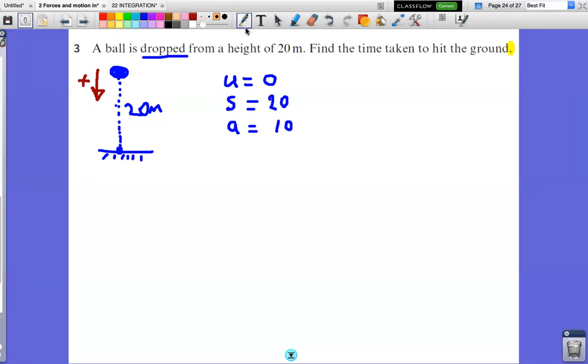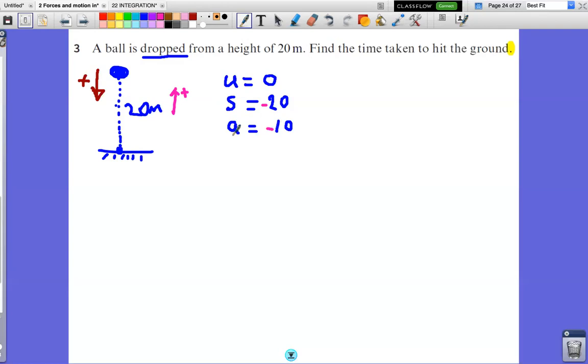Now, usually many students get confused with these questions that involve moving under gravity. They always get confused why sometimes I take negative for something and positive for some other times. It all depends on you. If you choose, say, upward direction as positive in this case, then this quantity will be negative because it is falling in the negative direction, right?